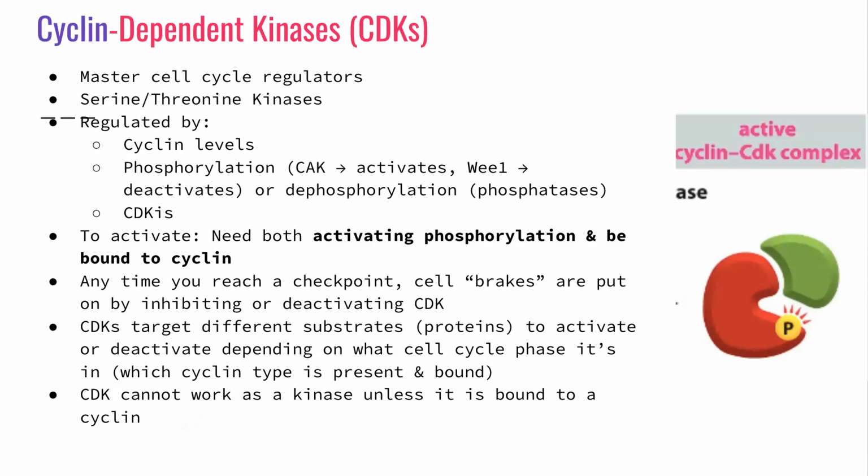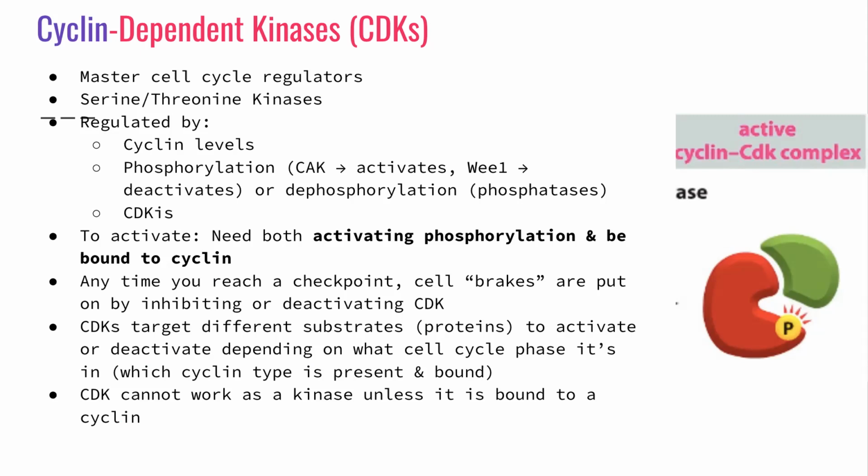It's regulated by cyclin levels, so different types of cyclin will be expressed throughout the cell cycle. It's regulated by phosphorylation, so it'll be activated by CAK, or CDK activating kinase, and deactivated by Wee1, which deactivates it by phosphorylating it.